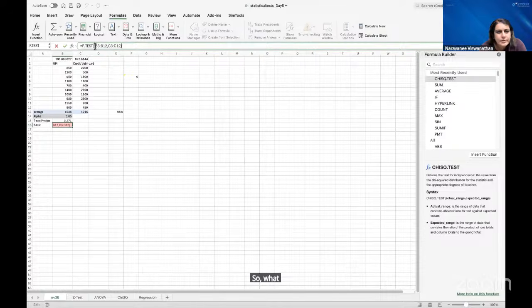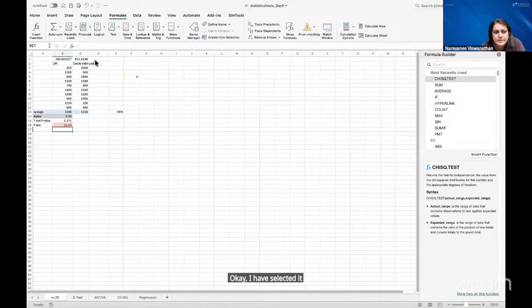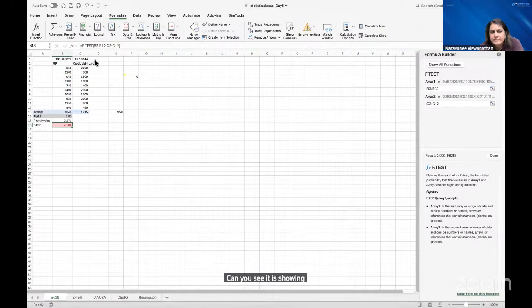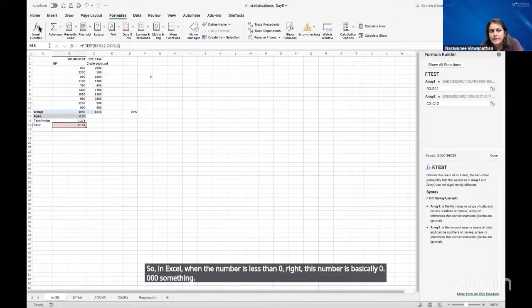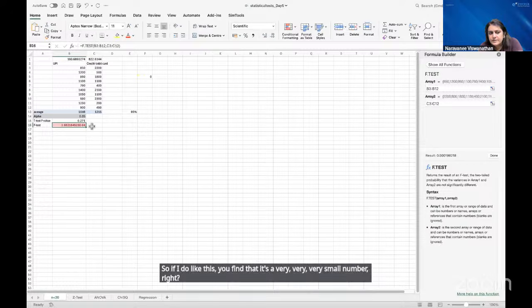So what is the problem here? Okay, I've selected it. Can you see it is showing me some number which is very, very small. So in Excel, when the number is less than 0, this number is basically 0.000 something. That's why it is showing like this. If I do like this, you find that it's a very, very small number, right?